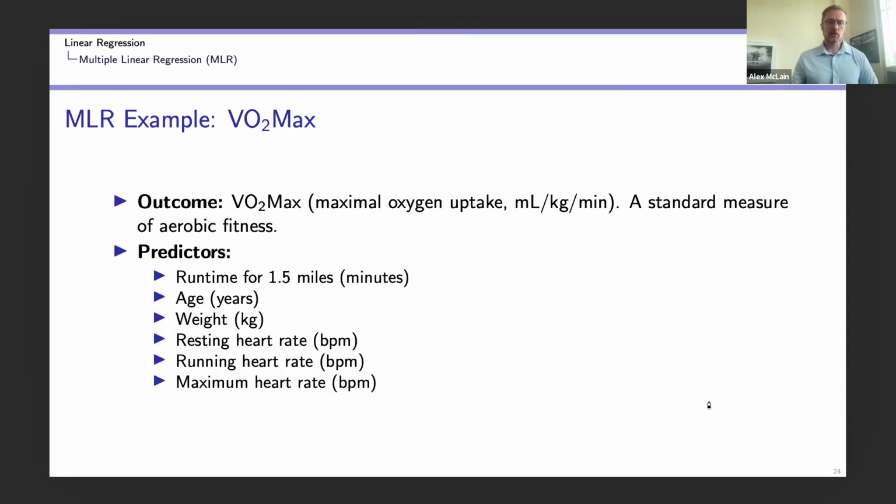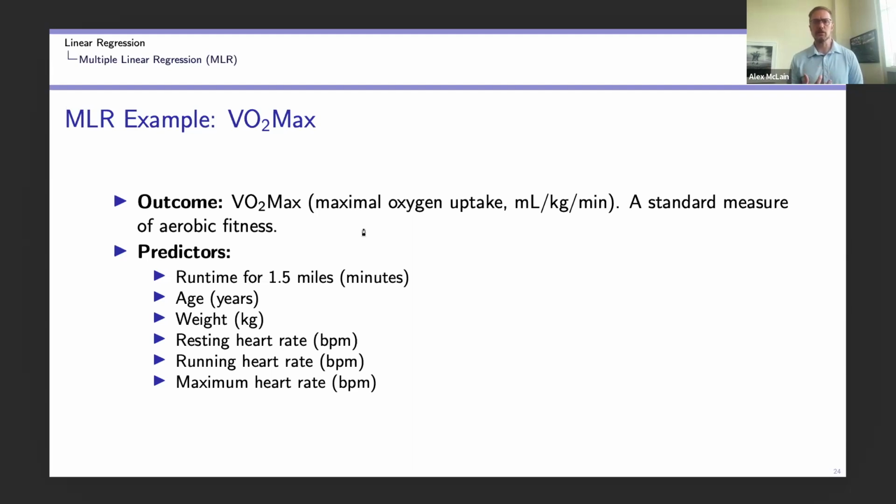The example we're going to do in R is a situation where we have an outcome variable, VO2 max, maximal oxygen uptake in ml per kg per minute. It's a standard measure of aerobic fitness. I've heard it described as a measure of the engine that you have.